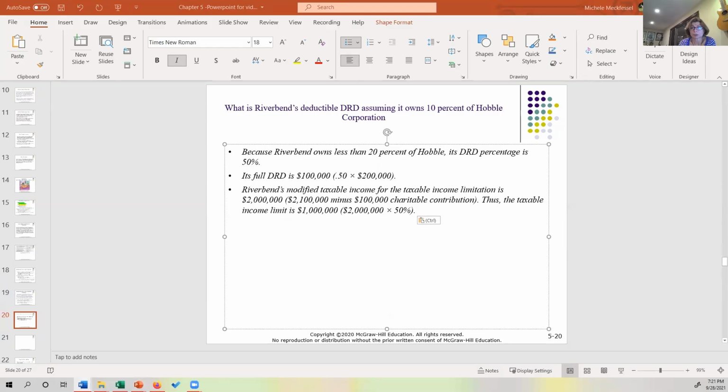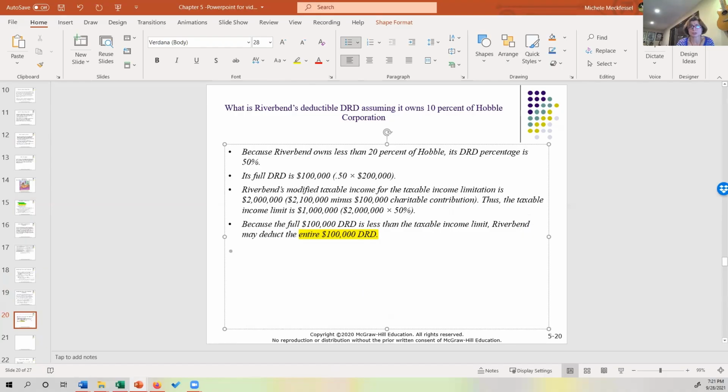Their full $100,000 DRD is less than their taxable income limit, so they get to deduct the entire $100,000 dividends received deduction. That's if they were a 10% owner.